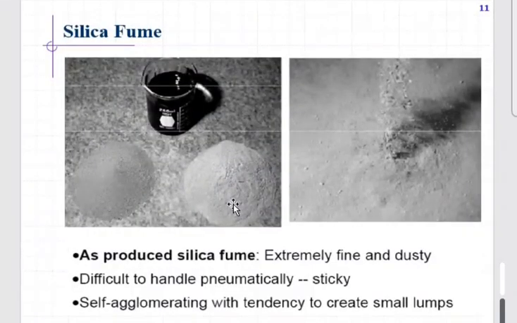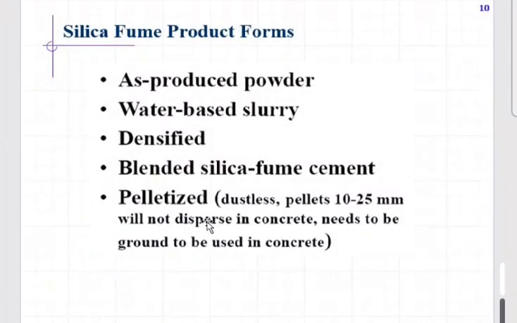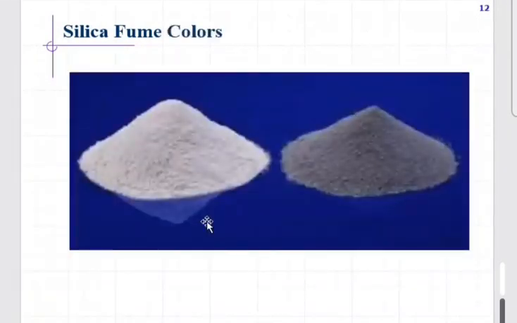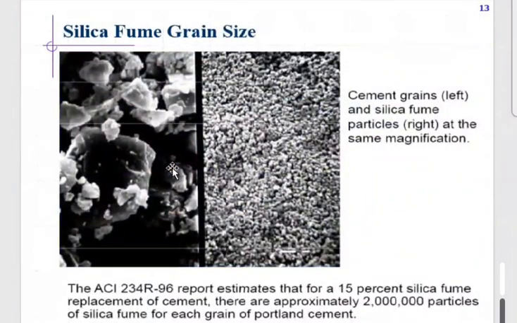This silica fume is extremely fine. It is dusty. It comes in two colors, dark gray or light gray. The grain size is normally less than 1 micron, or 0.1 micron if you go precisely.